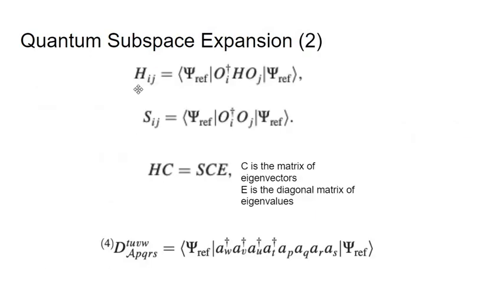You can then use these operators to define another approximation for the Hamiltonian, called the unrestricted Hamiltonian, which consists of these expansion operators applied to your Hamiltonian and projected onto your best ground state.